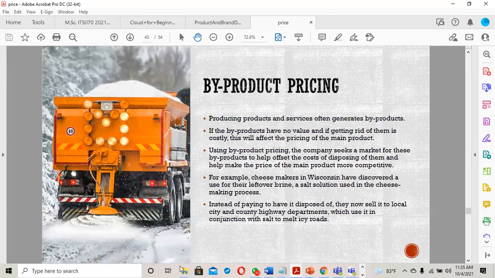Byproduct pricing. So now you have a really nice product, but the production process gives rise to some byproducts. I mean, it happens everywhere. There are some parts that you can't make use of. They're like waste.